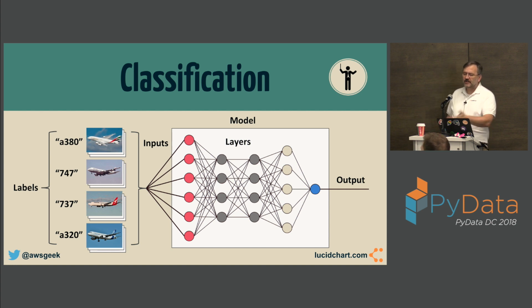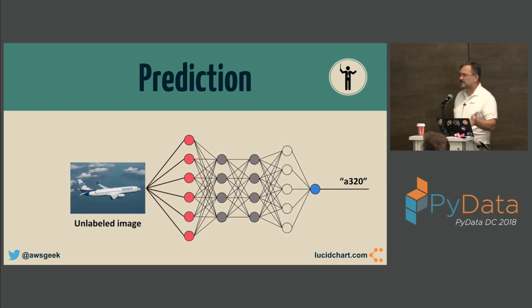We're going to use SageMaker to build this model that takes those inputs, trains a model, and then allows us to perform some prediction on it once that model is created. We're going to put in an unlabeled image that it hasn't seen before, and hopefully it outputs the right type of aircraft.